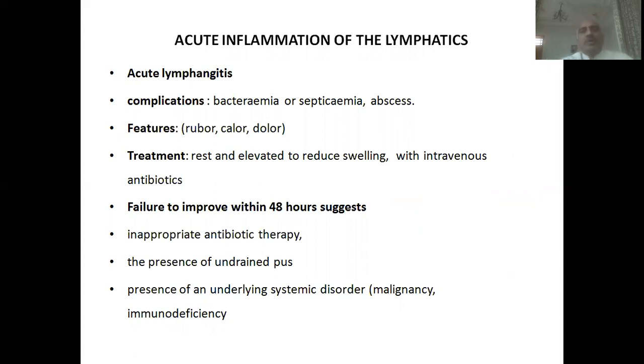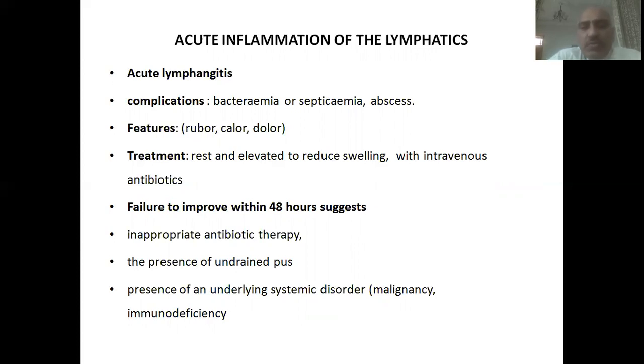Now, the most common one is lymphangitis, which you may come across. It's commonly found. It is inflammation of the lymphatic channel. You will see a patient with typical streaks like thrombophlebitis.